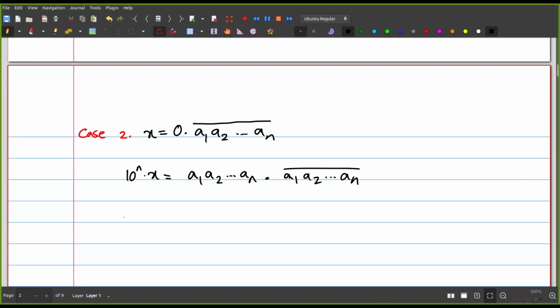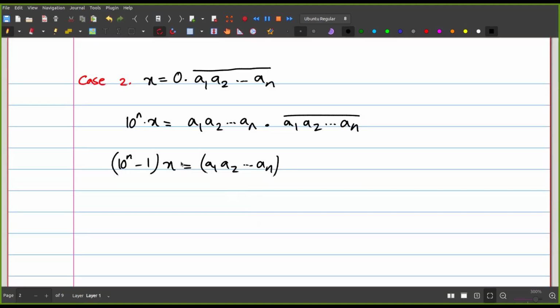So if I subtract these two, I will get that 10 to the power of n minus 1 times x is a1, a2 to an. And again, I mean this as a number, a decimal representation of a number. I don't mean it as multiplication of the a's. But then this means that x is just this number, a1, a2 to an, in decimal.